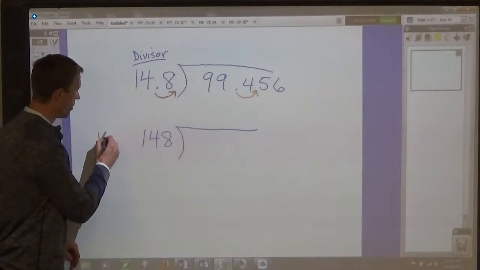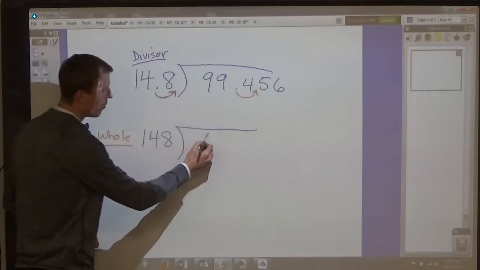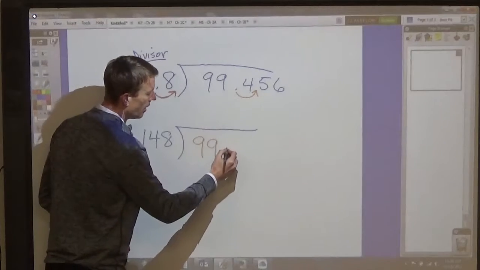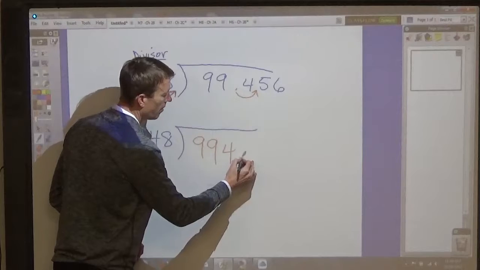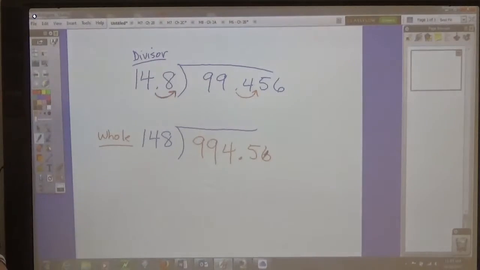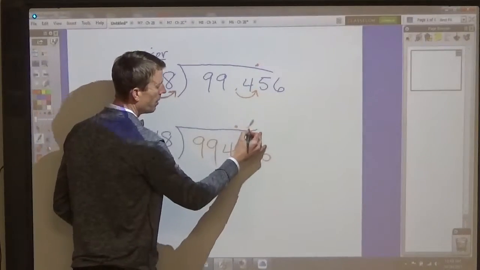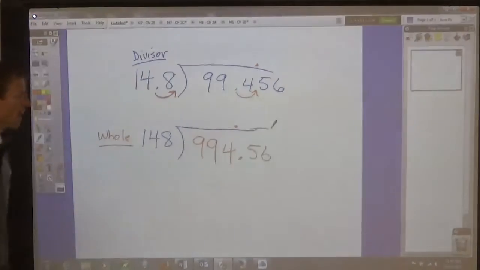This has to be a whole number. And so we have to move it over one place in the dividend. So now it's behind the 4. Put it up in the answer, and then divide. It's as simple as that.